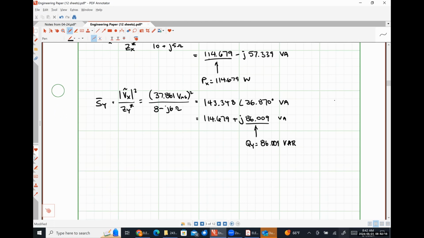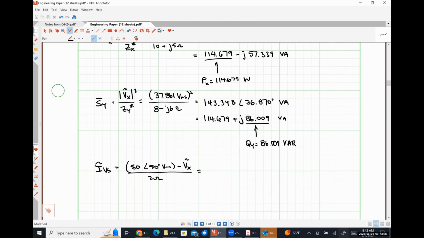Our current IVS is 50 angle 50 degrees volts RMS minus Vx, divided by 2 ohms.